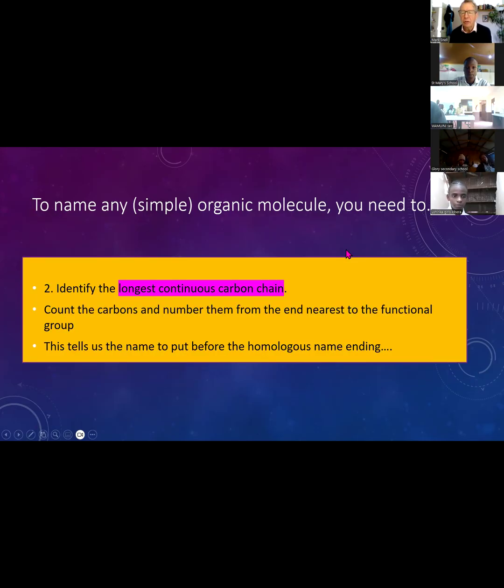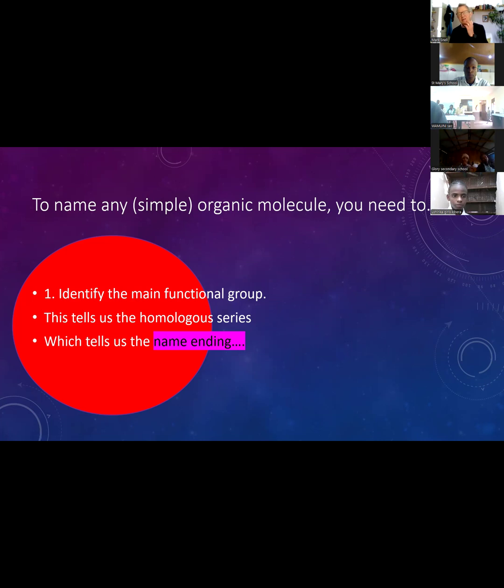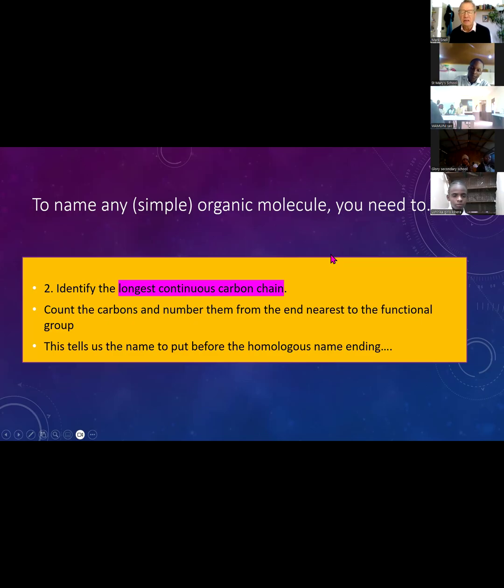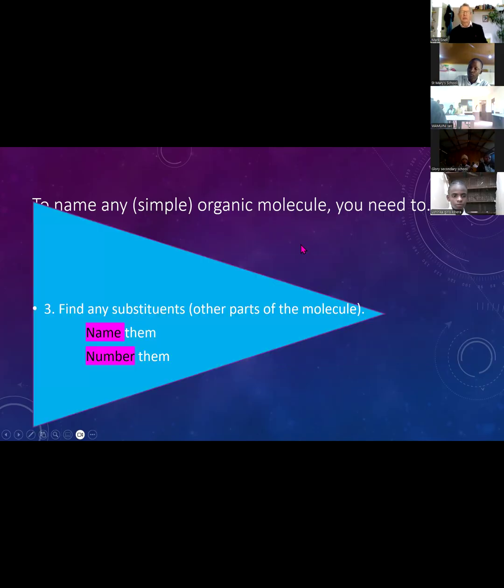And we're going to go through what those are. So we look for what is called the functional group. Then we look for the longest continuous carbon chain. And then we look to see if there is anything else on the molecule, something that we would normally call a substituent.